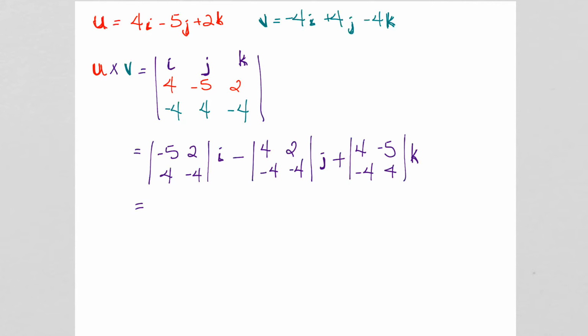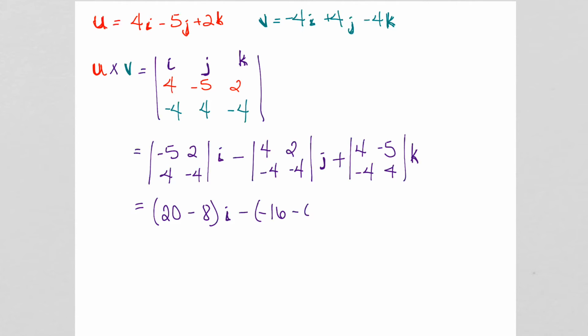Okay? And then cross. So negative 5 times negative 4 is 20. Minus 2 times 4 is 8. 4 times negative 4 is negative 16.